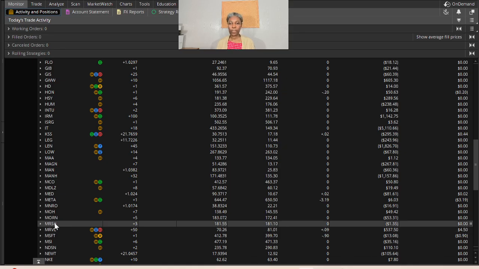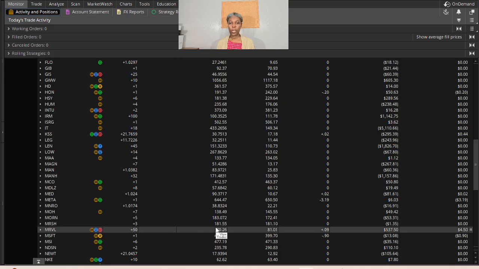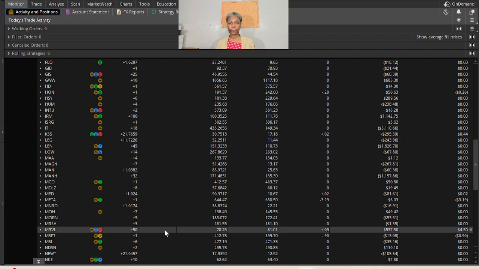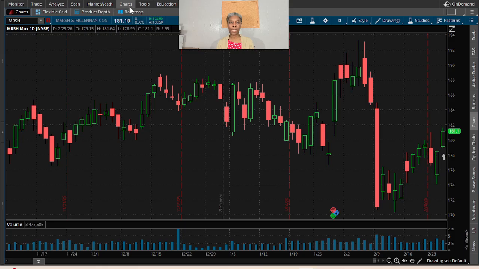So I purchased it for probably 181.55, but it closed at 181.10, and I'm down $1.35, and I purchased 3 shares of it. So 181.55. Clearly you'll notice that I didn't put the arrow exactly at what I purchased it for.